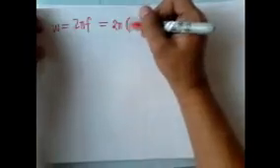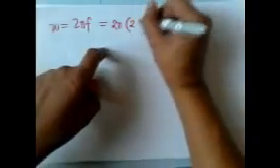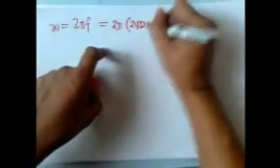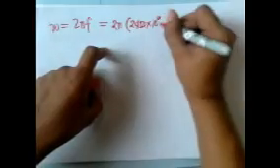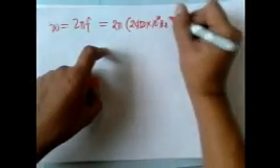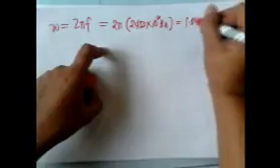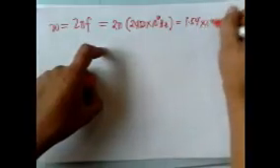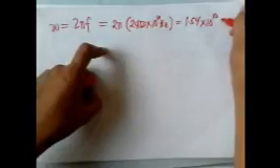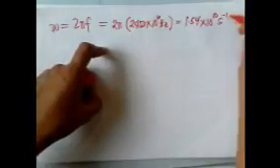So our angular speed is equal to 2 pi times our frequency, 2450 times 10 to the power of 6 hertz, which through calculation is 1.54 times 10 to the power of 10 second inverse.